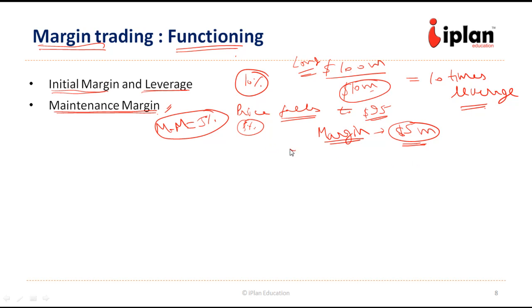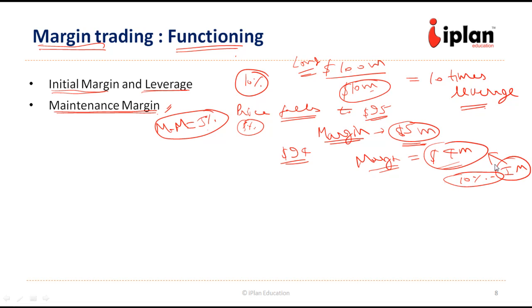Or we can take another case where it falls further to $94 and the margin will remain at $4 million. Since there is a loss of 6 million here, only $4 million will be left in the account, which is less than the maintenance margin of 5%. So it has to be made equal to 10% again, which is the initial margin.